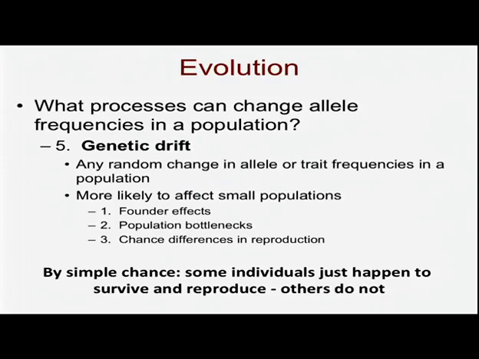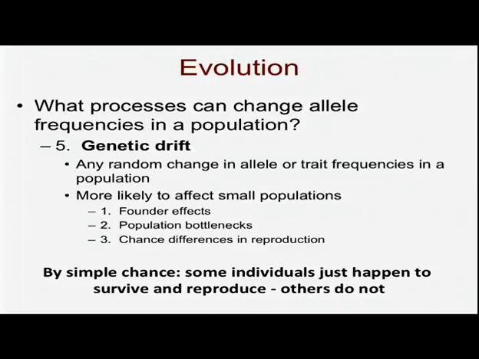Okay, and then the last one is called genetic drift. Genetic drift is historically difficult for students to grasp. I think it's just because the books do a poor job of explaining it, so I'm going to try to do a better job. Genetic drift is the umbrella term for these three things: the founder effect, a population bottleneck, and chance differences in reproduction.